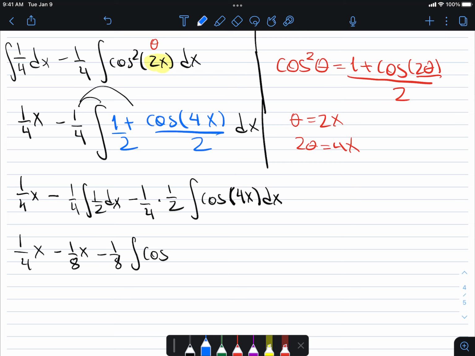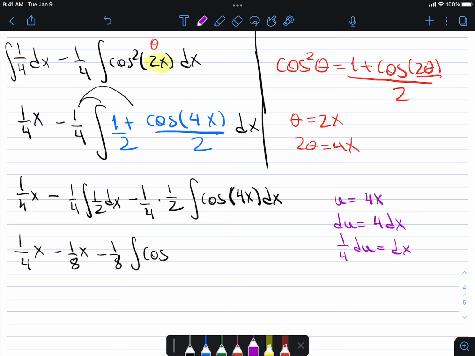You can do this without writing too much at this point. At the end of a calculus 2 class, when you're already learning this type of power reducing formula, you can already not write as much when you do u substitution. But that is the trick here, to use a u substitution that involves u equal to 4x, du equals 4 dx, so 1/4 du is dx.